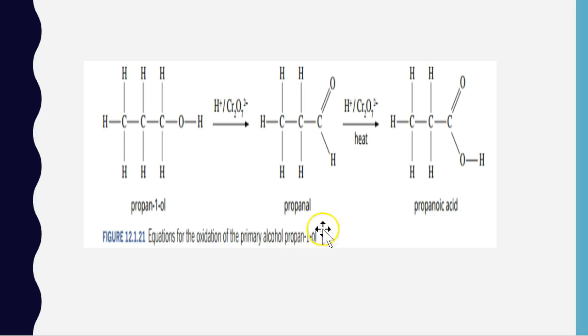And so you can see there with its name now, propanal. So we've gone here single bond to our hydrogen, and now we've got that characteristic double bond to the oxygen. And if heat was continued to be applied, we could then continue that oxidization process and form a carboxylic acid, and in this case it's propanoic acid.